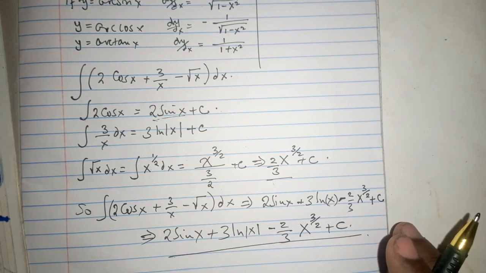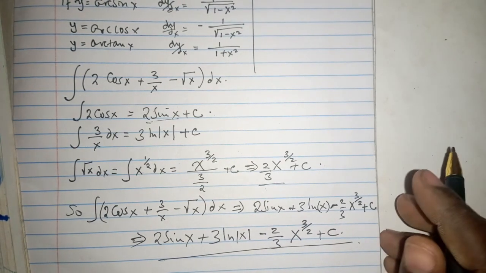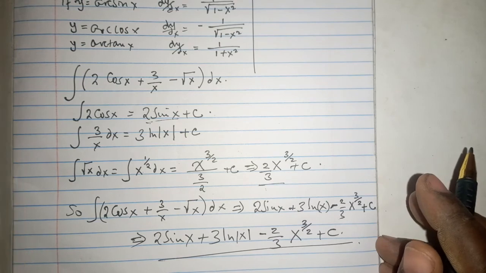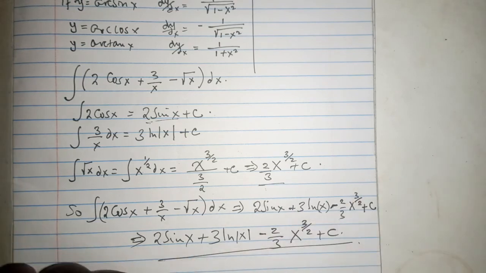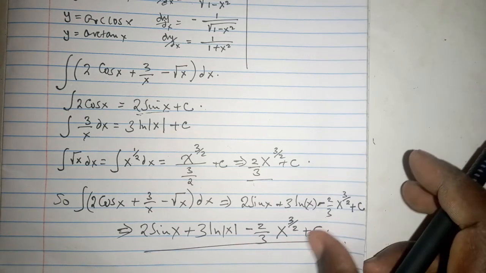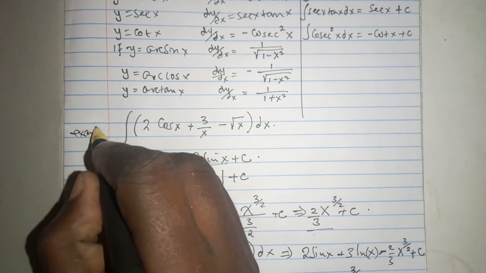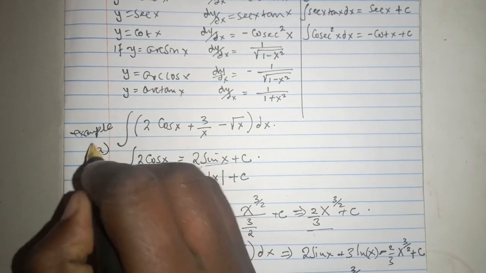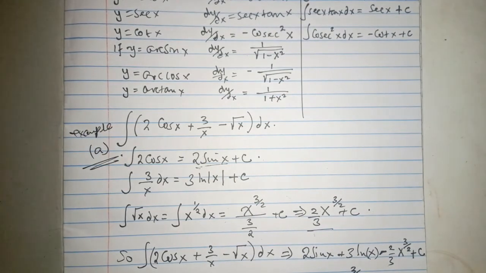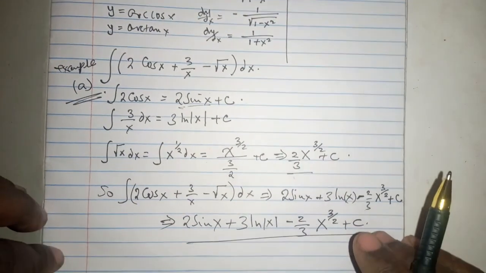Please note we have talked about integrating term after the other, that is polynomially, and we have been able to acquire it, and that is example 1, part A. So in our next video, I'm going to explain example 1, part B, and this would be awesome.